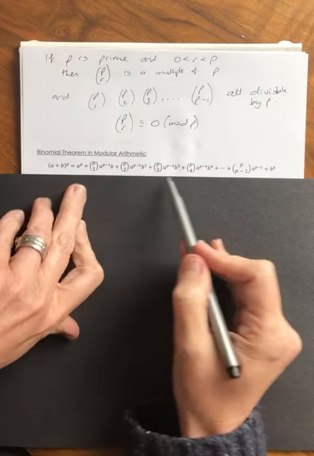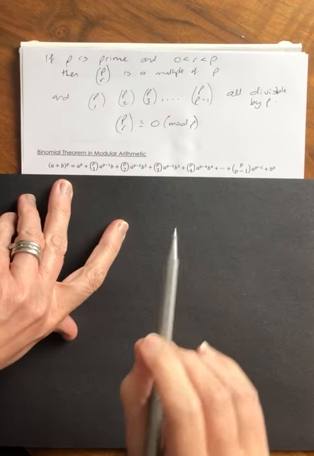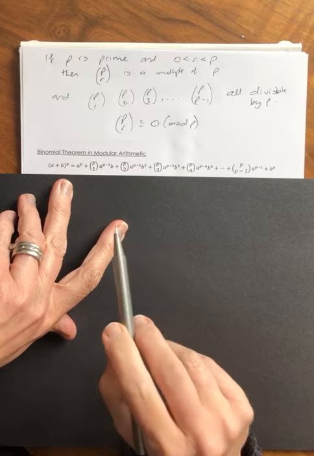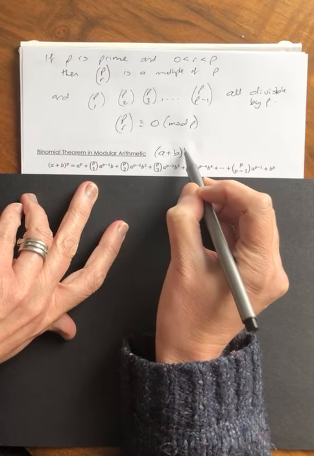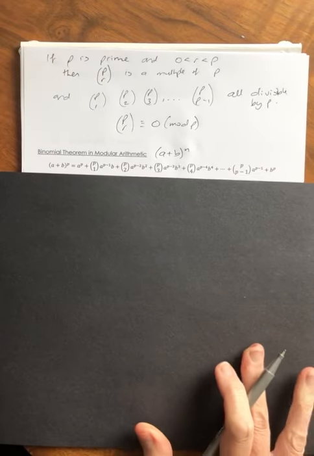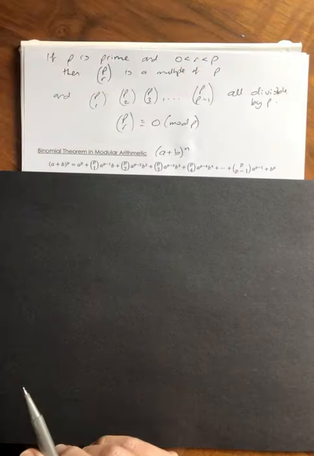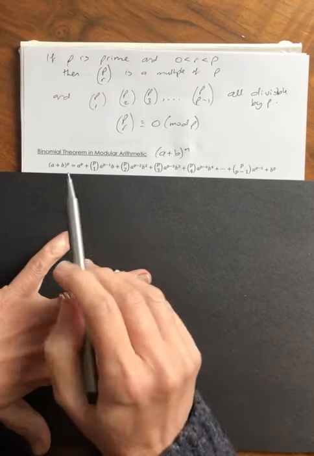So, all I've got here is the binomial expansion, and this is the version from year 12, so where you have a plus b to the power of n, where n is an integer. So recently you've done the one where the power can be negative, the power can be a fraction.